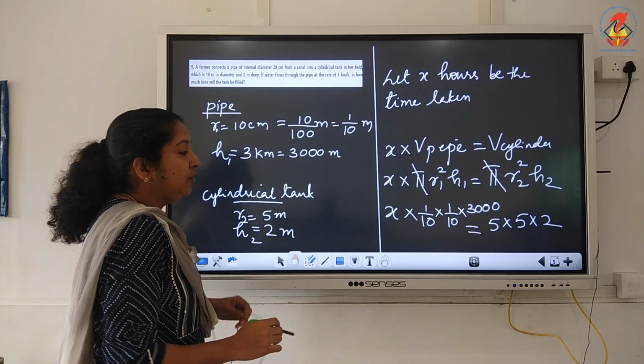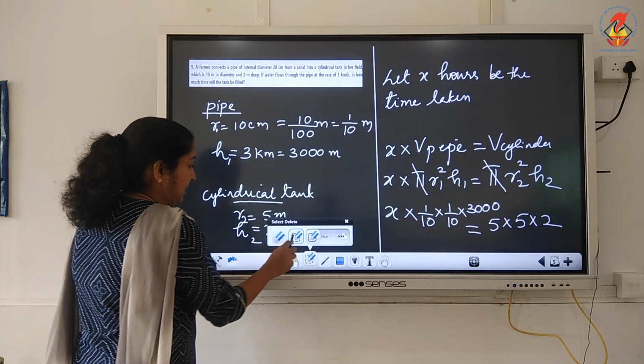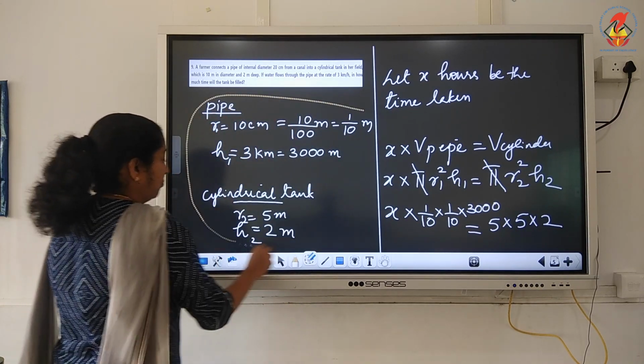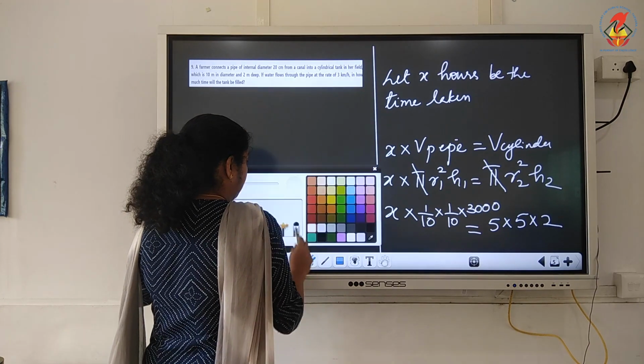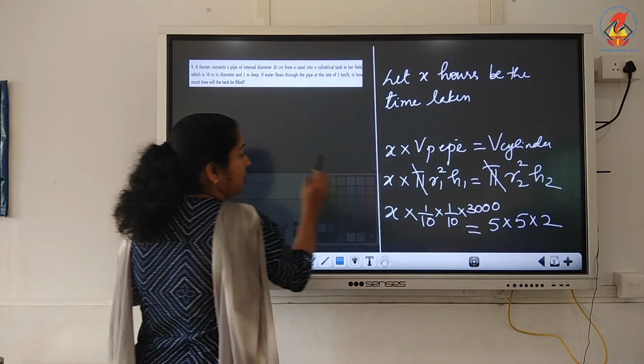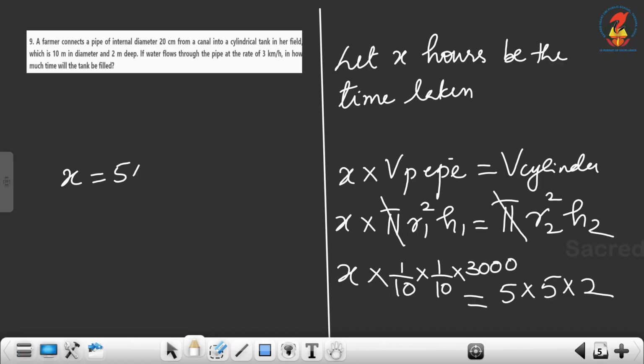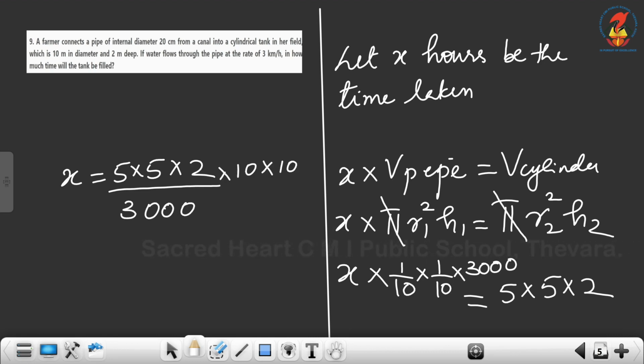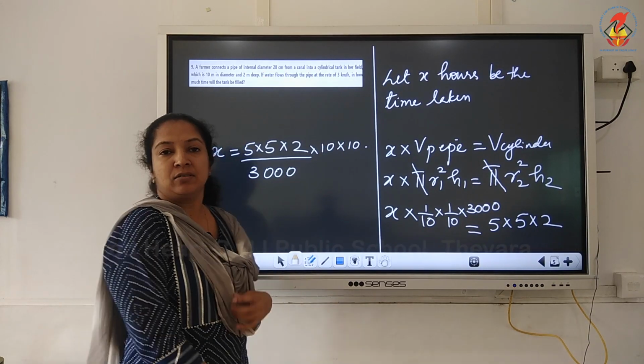From here you can find the value of x. You can find x as 5 into 5 into 2 divided by 3000 into 10 into 10. You can find the answer later as homework.